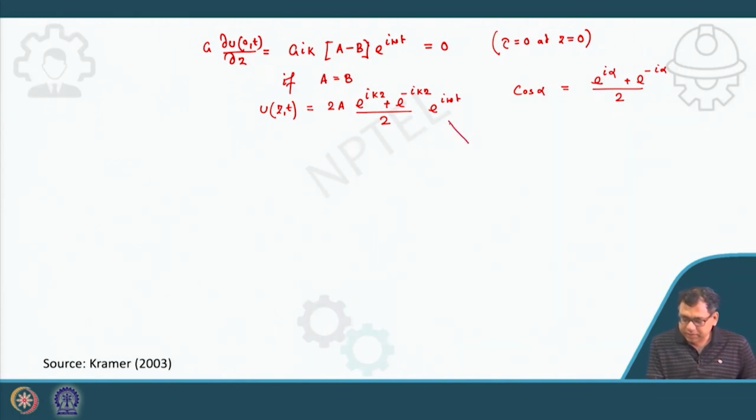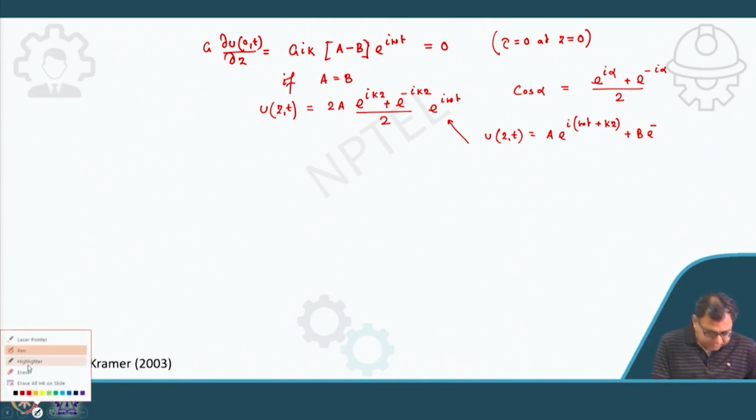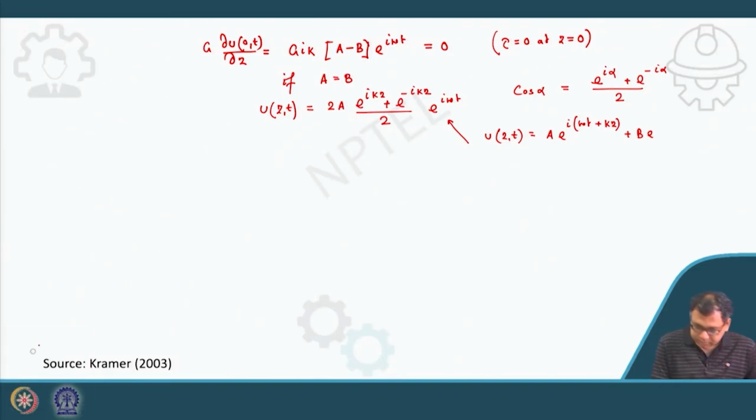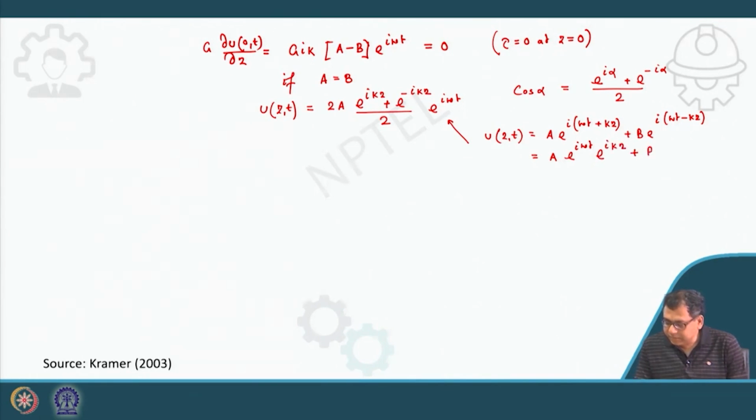So actually, how is this equation coming? You know that our response at z t is equal to A e to the power i omega t plus k z, plus B e to the power i omega t minus k z. So I can easily write that e to the power i omega t into e to the power i k z, plus B e to the power i omega t into e to the power minus i k z.